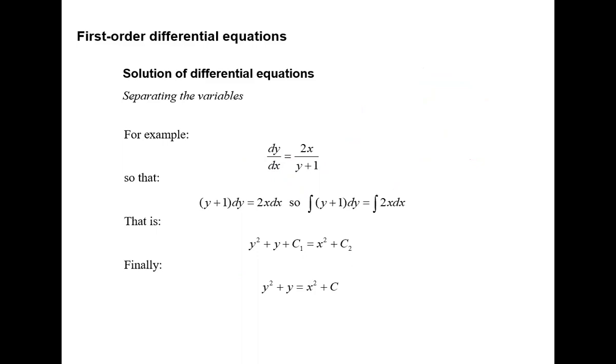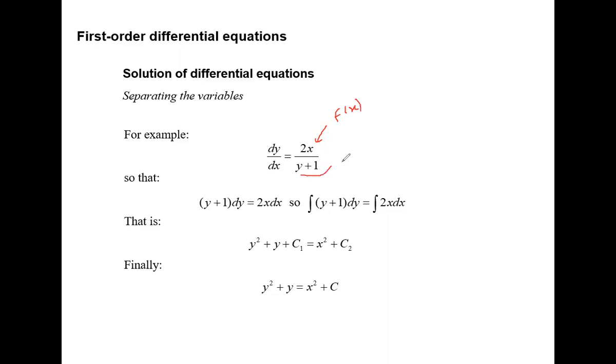Good. So we have a typical example here. We have dy/dx is 2x over y plus 1. Now, like we are saying, this is a function of x, this is a function of x, this is a function of y.